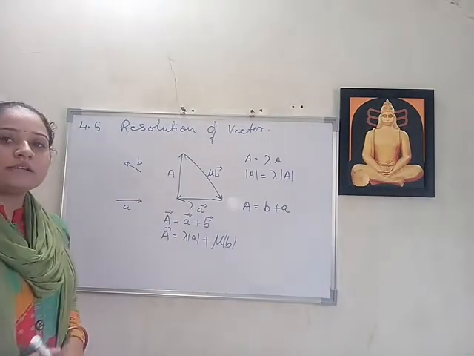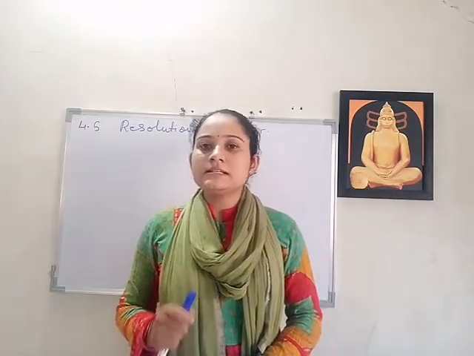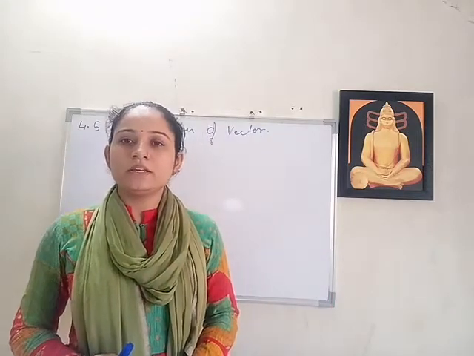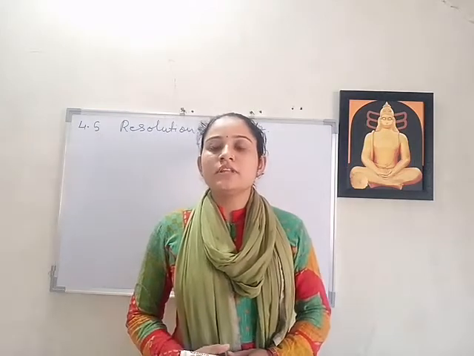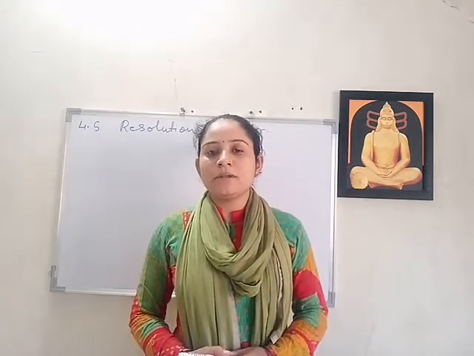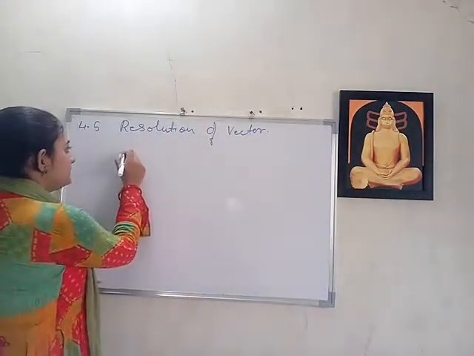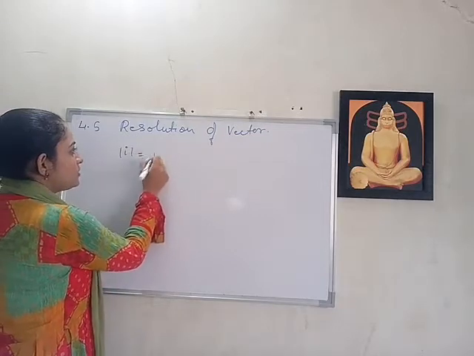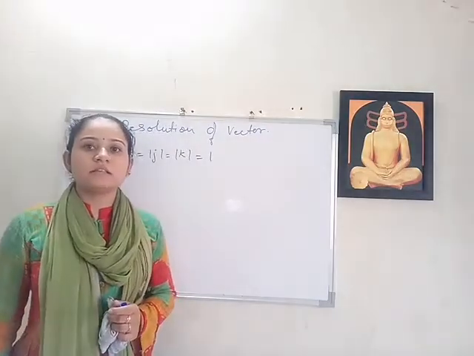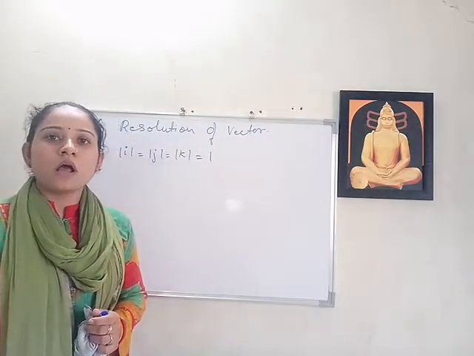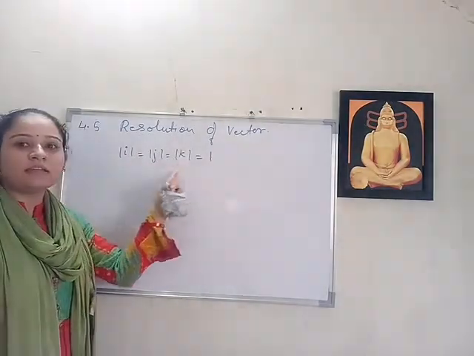Now we need to understand the unit vector. A unit vector is a vector with unit magnitude that points in a particular direction. So along the xy plane or rectangular plane, we have unit vectors i, j and k, each equal to 1 in magnitude, as they are unit vectors. Now how do we show this i, j and k while writing?